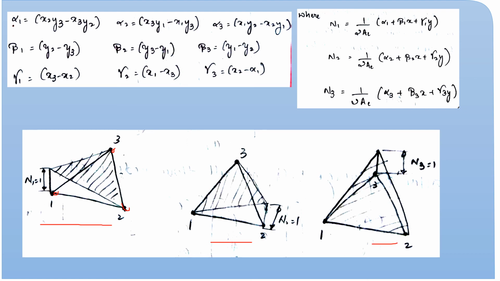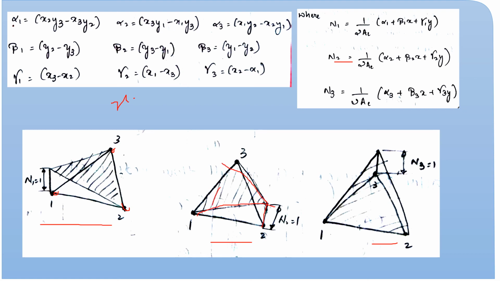Now when you apply the boundary conditions, that is, when you substitute x equal to x1 and y equal to y1 in all these three equations, you will get N1 equal to 1, and N2 and N3 equal to 0. Similarly, when you apply the second case, x equal to x2, y equal to y2, N1 and N3 will be 0 and N2 will be equal to 1, as shown here, and these are joined here.